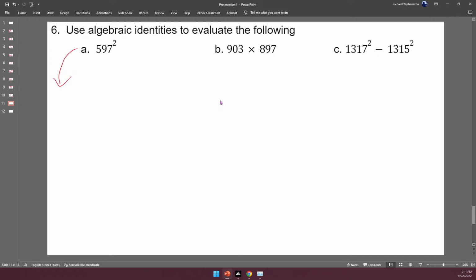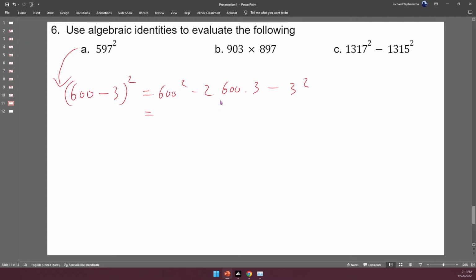The A. It is 597 squared. It is 600 minus 3 squared. So it will be 600 squared minus 2 multiplied by 600 multiplied by 3 plus 3 squared.